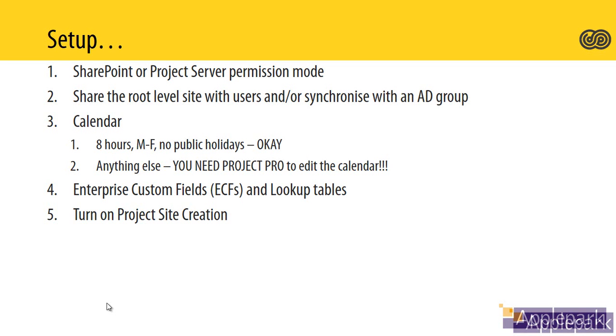And the last thing I'm going to do is turn on project site creation. So when I create a Microsoft project plan up in the cloud on Project Online, one of the options I can have is an associated SharePoint site that's associated directly with that project. And that SharePoint site has a template with it, it's pre-configured so I can see issues and risks on there.